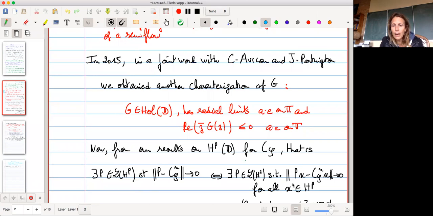So now we will use the result I presented yesterday. I will restrict myself to the Hardy space, but we can get the same result for other spaces. I mentioned at the very end of the talk the existence of a P such that P is the limit of the composition operators C phi to the n.